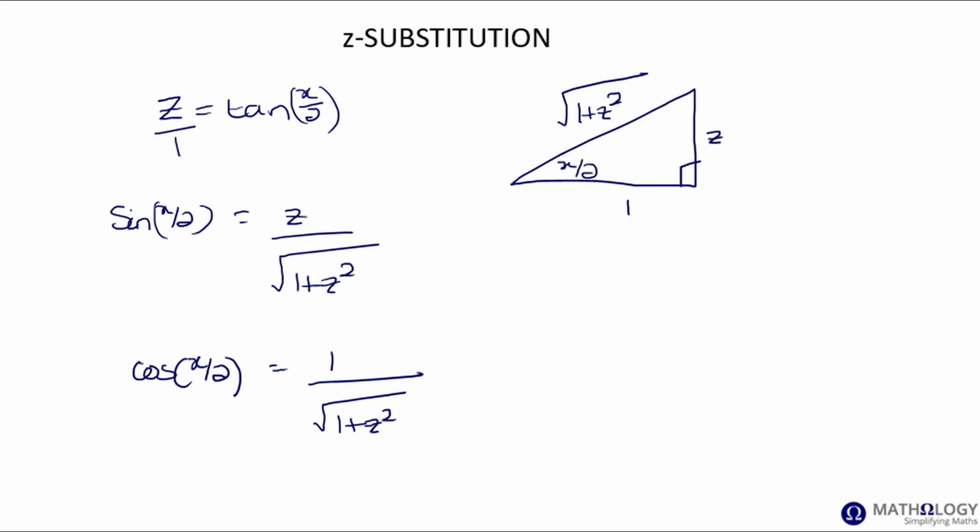We're now going to use the double angle formula for sine x and cos x, sine 2x and cos 2x if you like. So sine 2x, recall, equals 2 sine x cos x. Because we are working with half angles here, this will be 2 sine x over 2 cos x over 2. This will be sine 2 times x over 2.